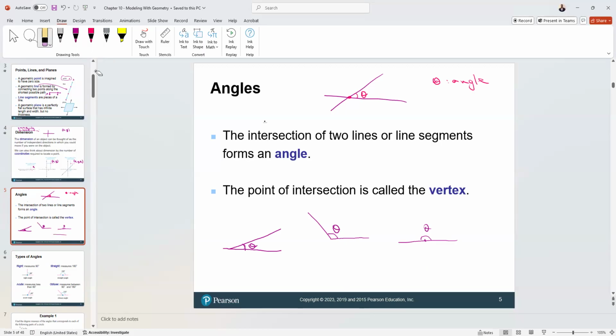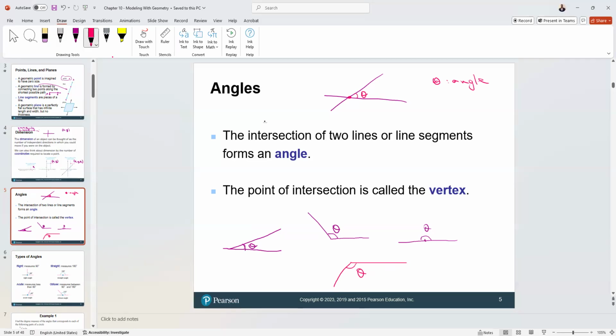We can have angles in different ways. An angle can be the other way around as well. That can also be an angle.